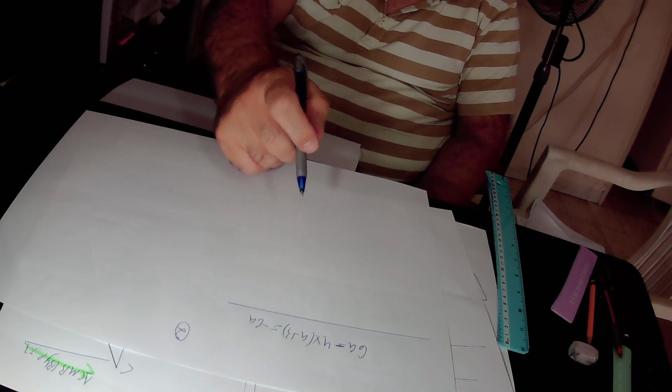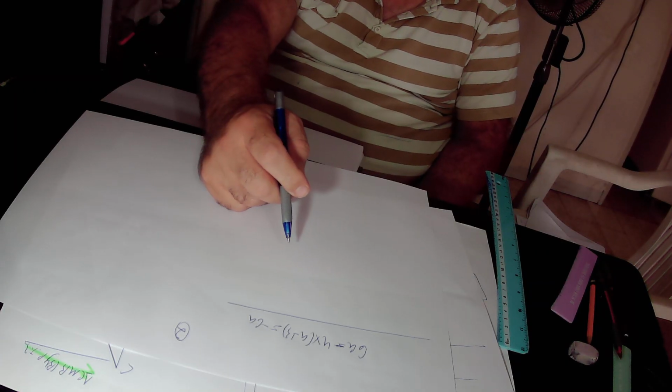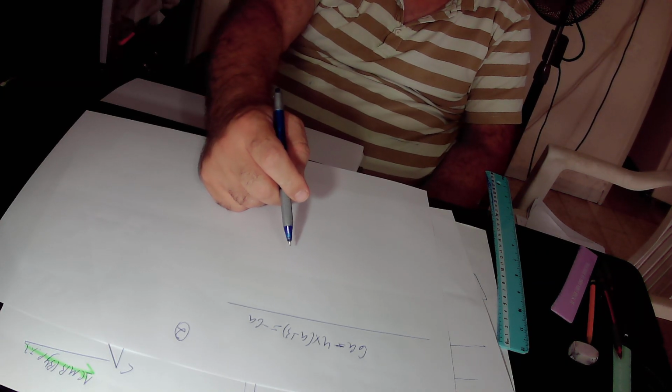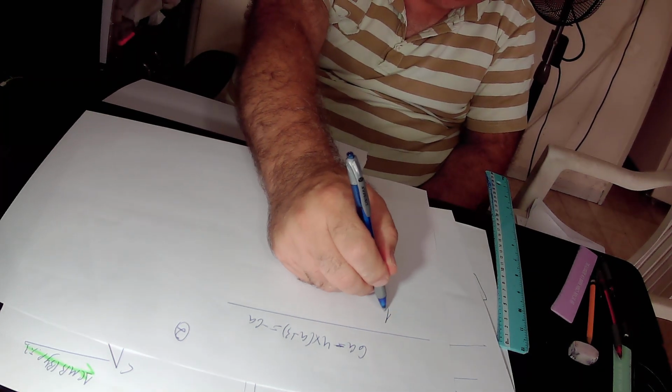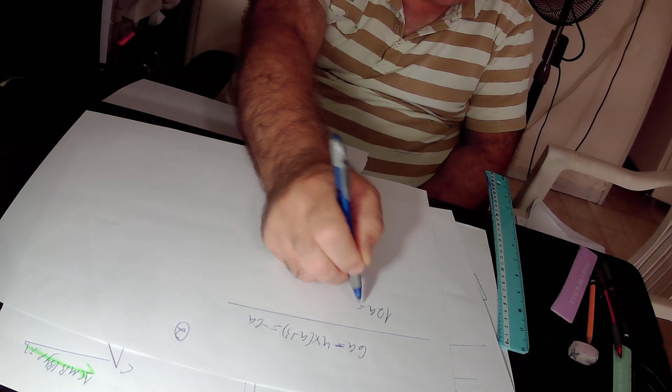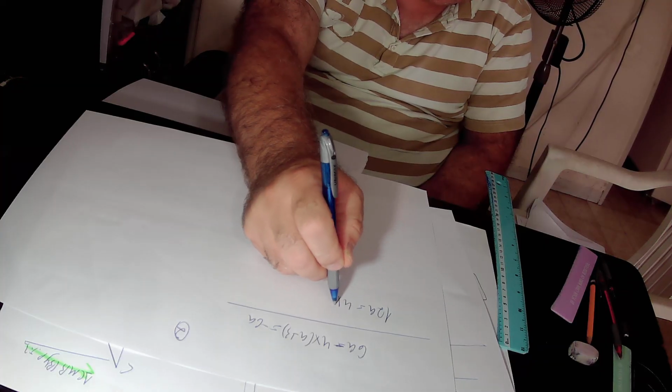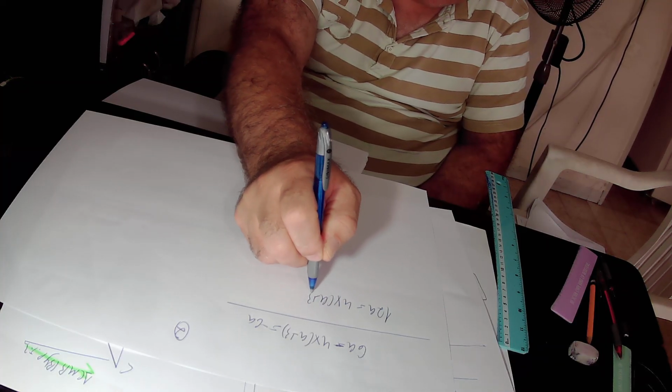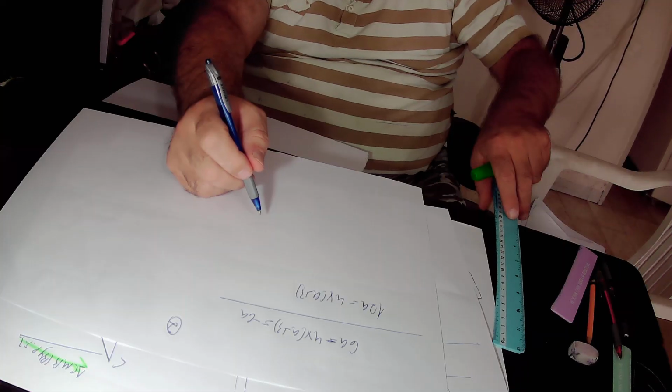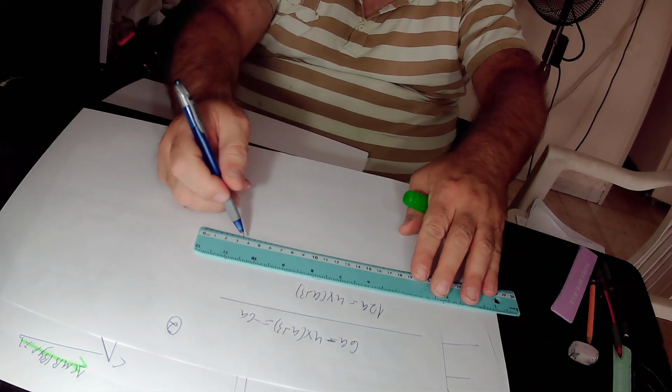Here we will add 6a and also 4x times (a plus 3) to both sides of this equation, and we get that 6a plus 6a is 12a equals 4x times (a plus 3).